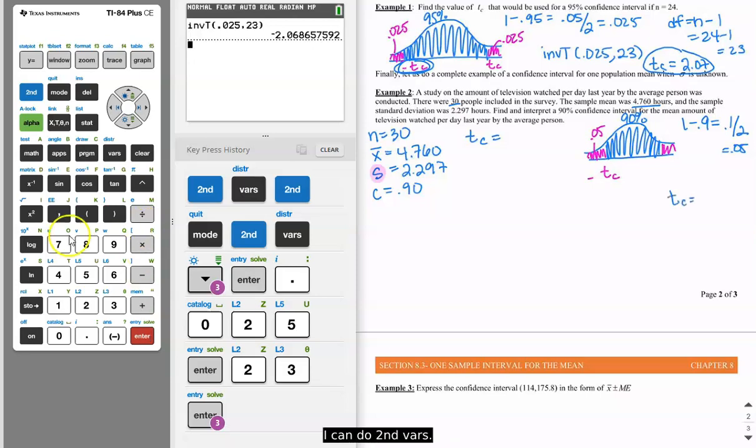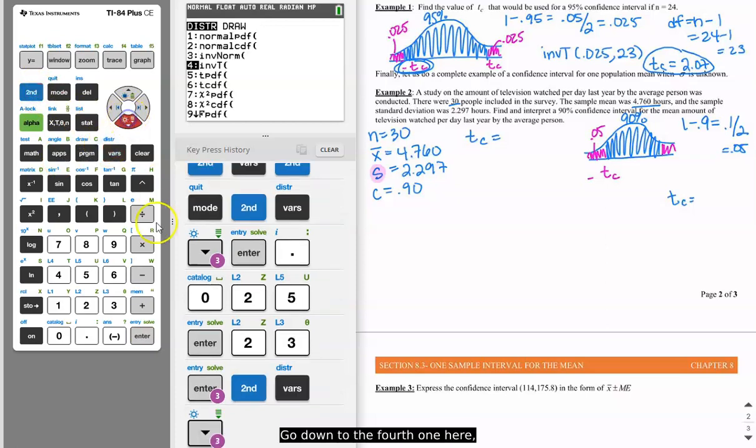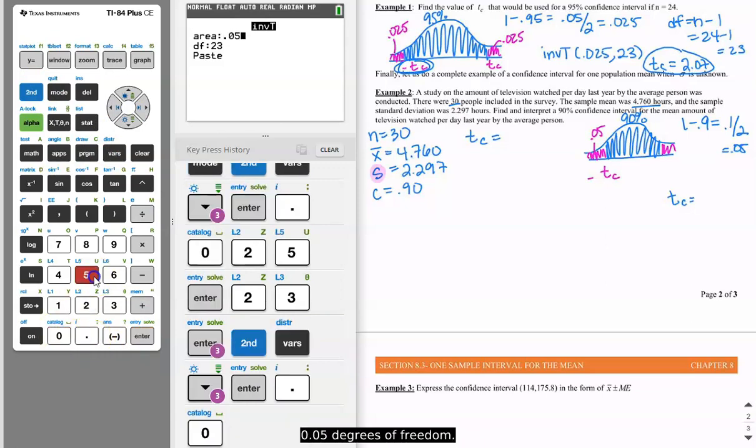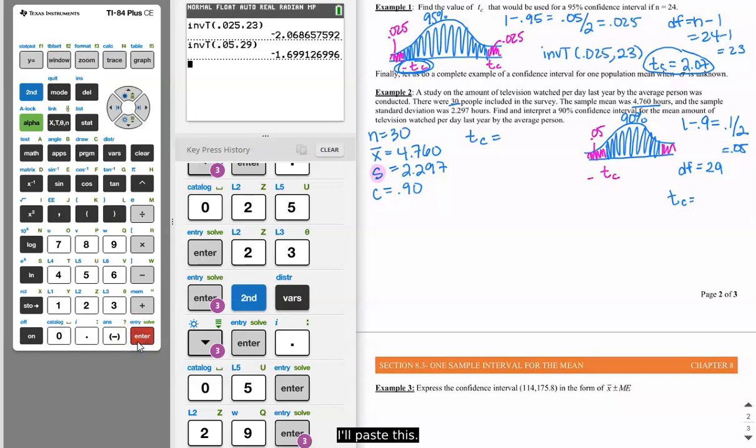So I do second bars, go down to the fourth one here, 0.05. Degrees of freedom is n minus 1, so in this case my degrees of freedom would be 29, since I have 30 people at the beginning. So 29. I'll paste this.